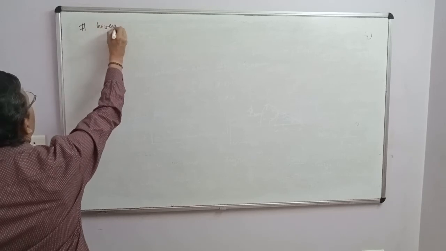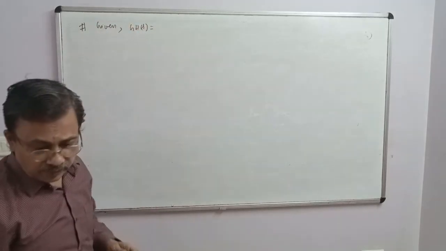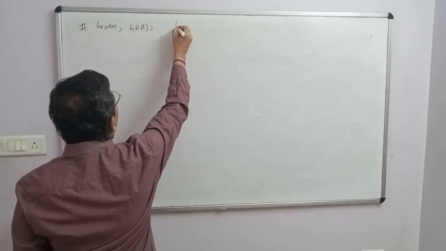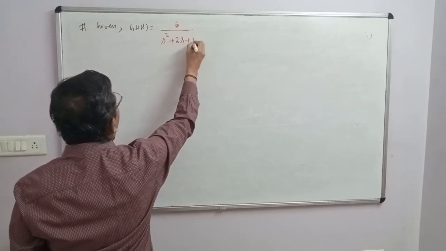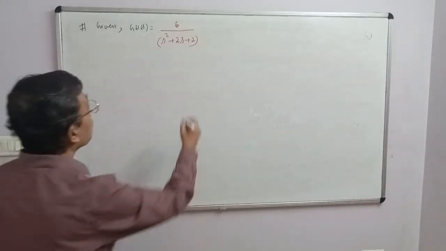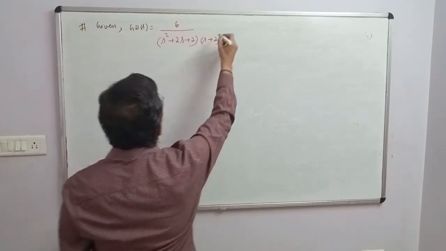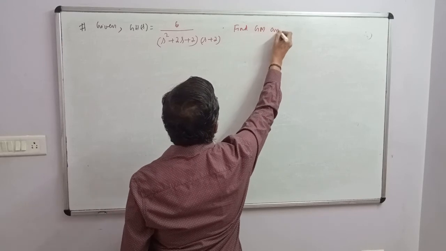Given GH of S is equal to 6 divided by S square plus 2S plus 2 into S plus 2. Find GM and PM.